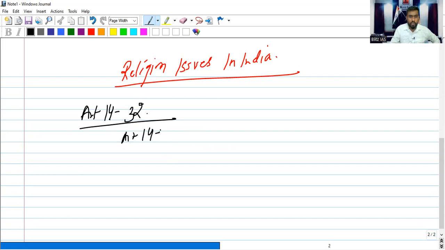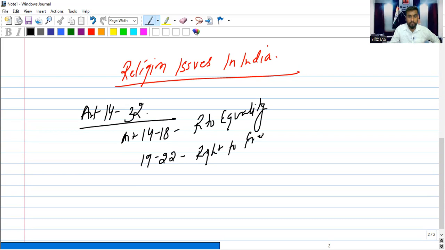Article 14 to 18 is the right to equality. 19 to 22, we have right to freedom. 23 and 24, right against exploitation.